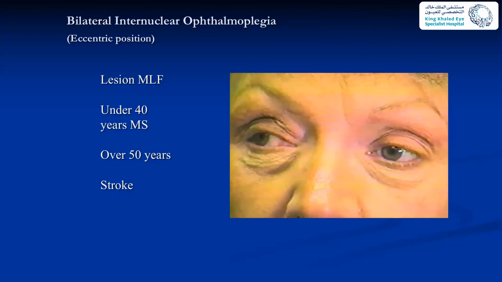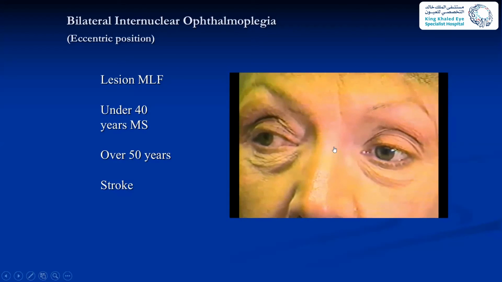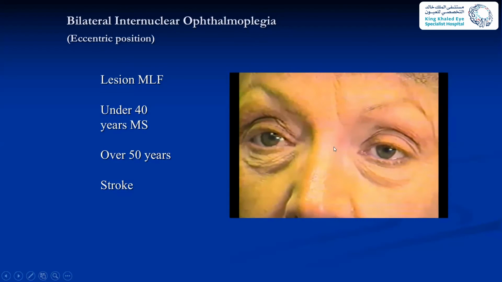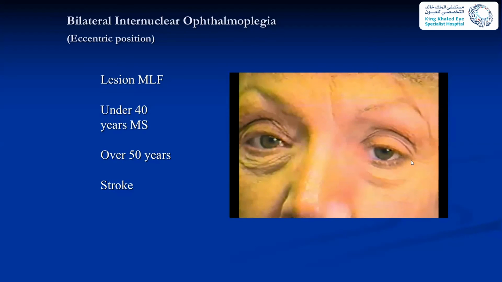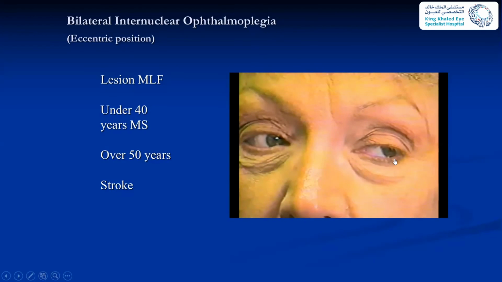Let us see the patient and I will explain it, and I will play the video more than one time to be able to see. Now look at this old lady. When she is looking to the left, this eye has jerk nystagmus.